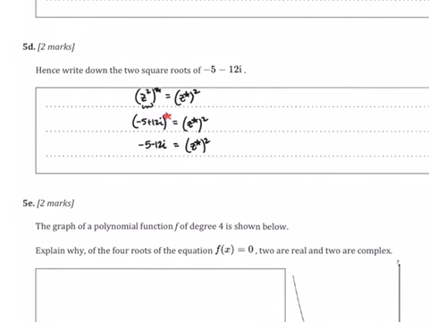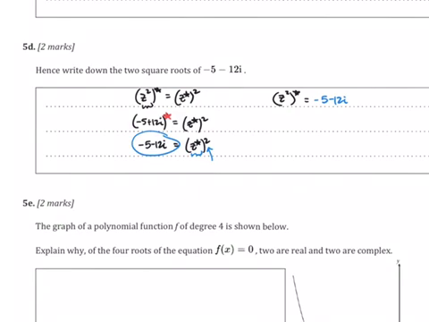This tells me that there are going to be two answers for this z star such that they are roots of this thing. So let me back up. z squared star is equal to z star squared, which I'm going to write as negative 5 minus 12i.